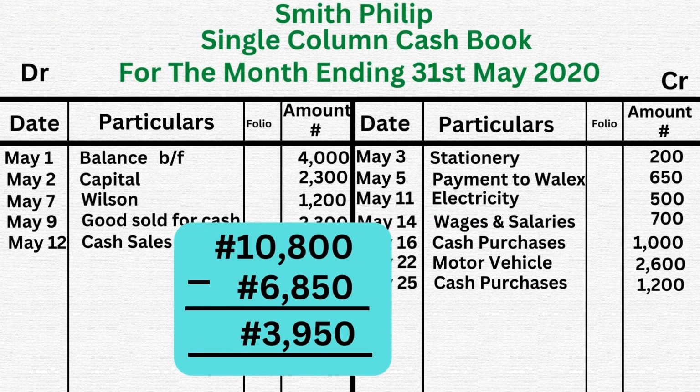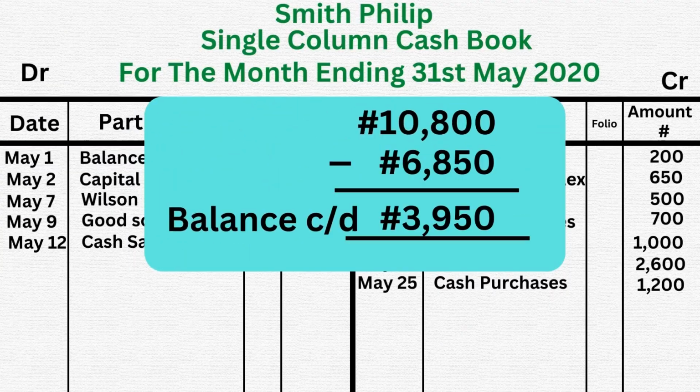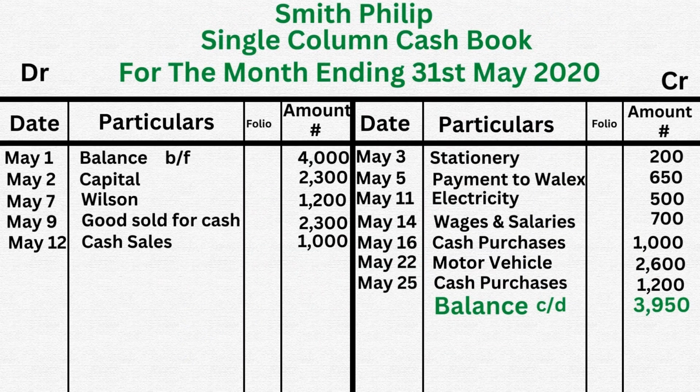The result gives us 3,950 naira. Therefore, 3,950 naira is the cash at hand, which is simply put as balance C/D. Then I write 3,950 naira on the credit side of the cash book as balance carried down, which means balance C/D.